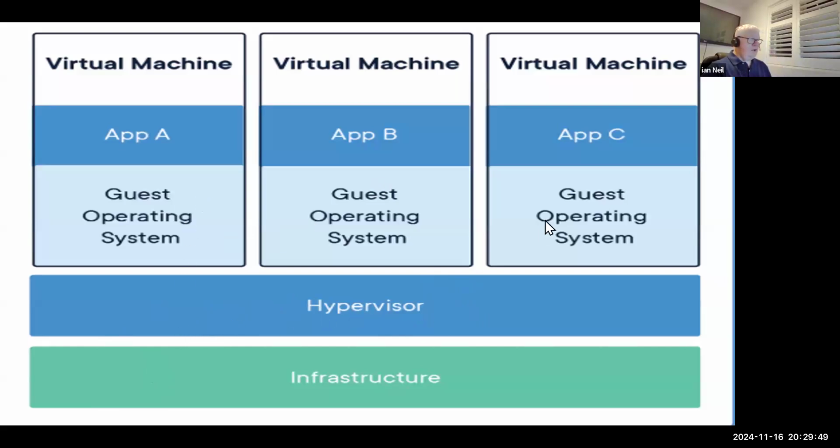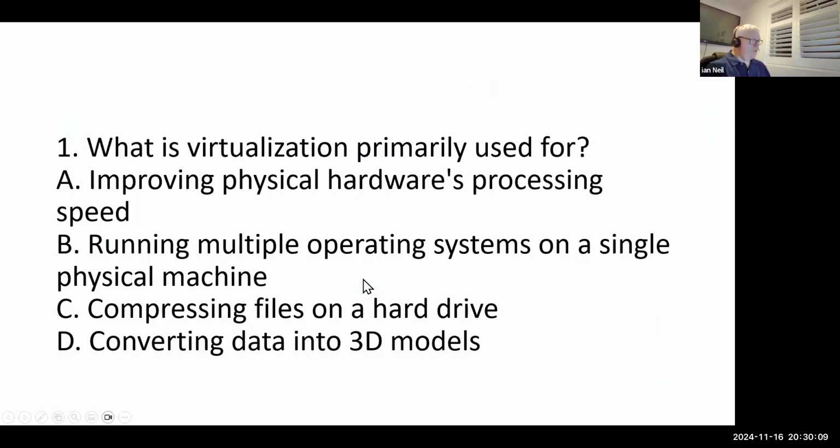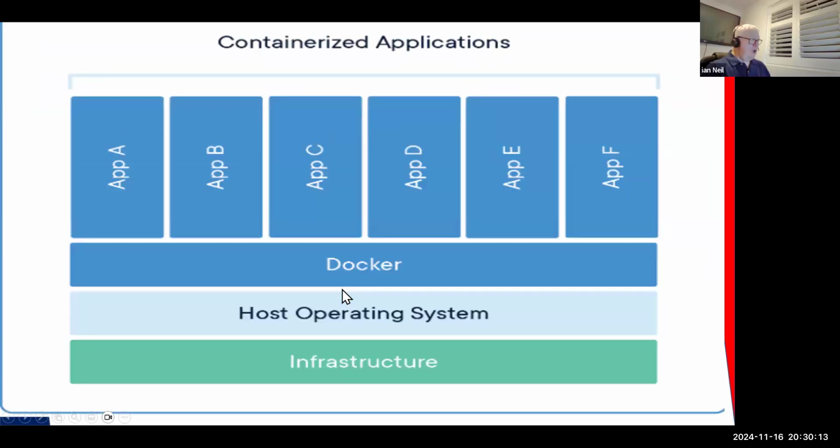Then you can buy virtual machines, but each virtual machine has its own operating system. Now, developers have been really happy lately because the developer gets the host operating system and a thing called Docker. So where the virtual machine needs a hypervisor, containers need Docker.